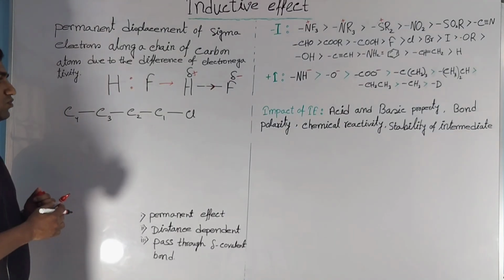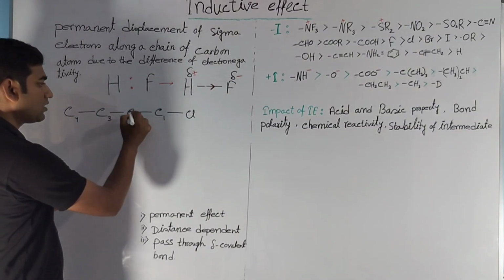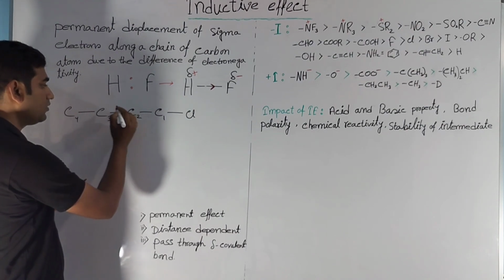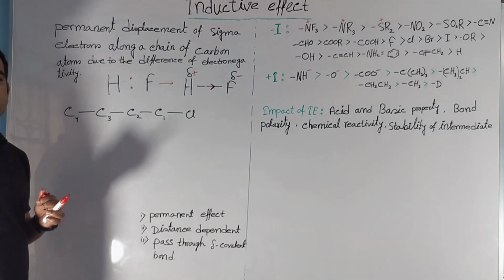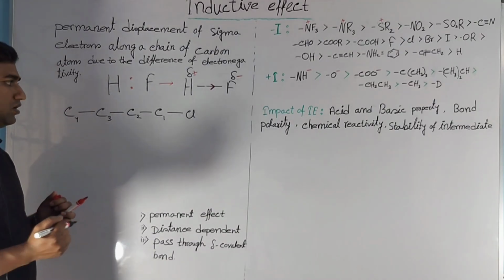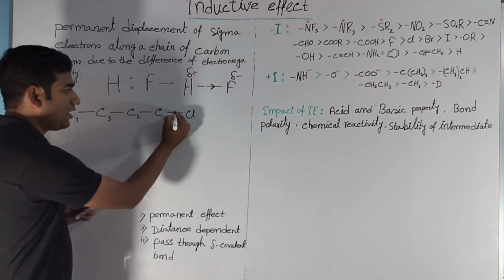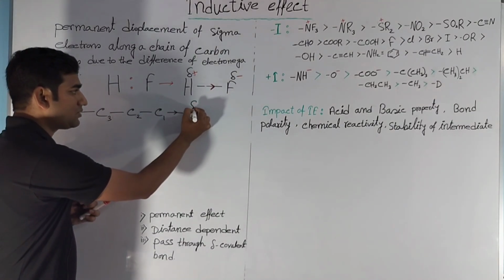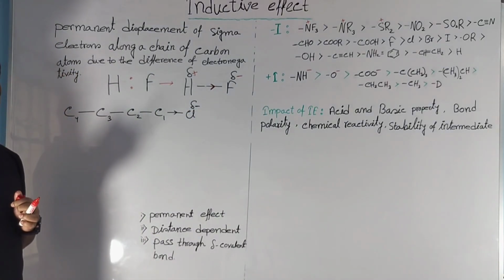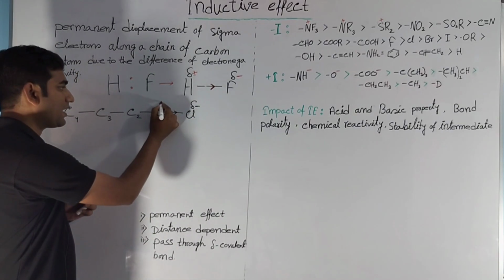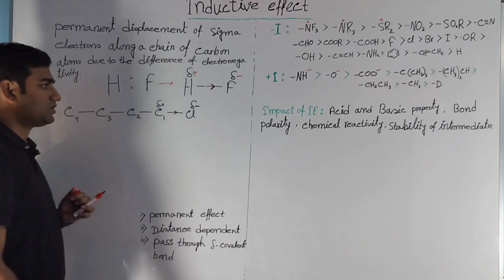So chlorine pulls the electrons towards itself and acquires the partial negative charge, and the less electronegative carbon atom acquires the partial positive charge.